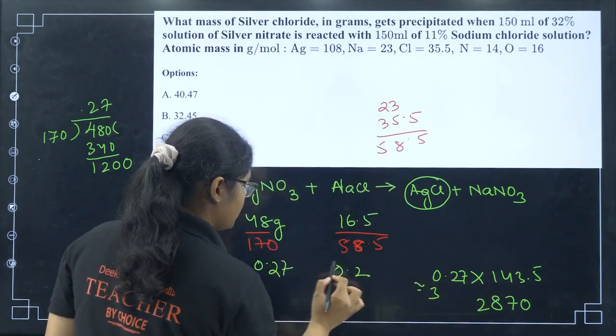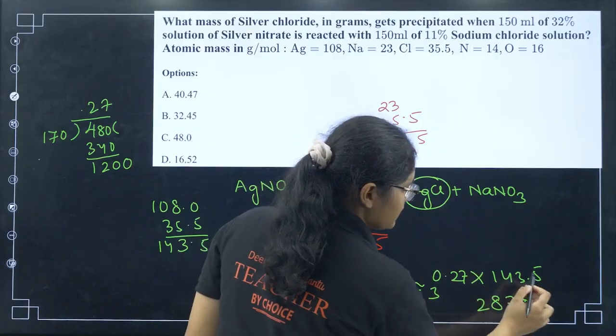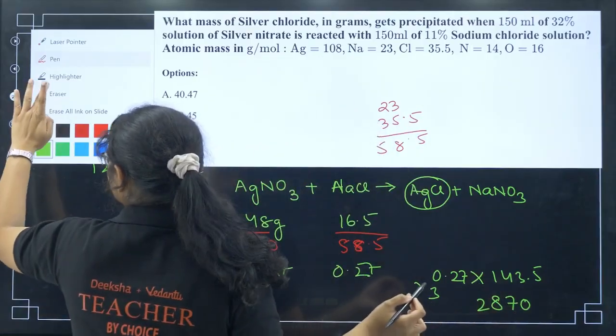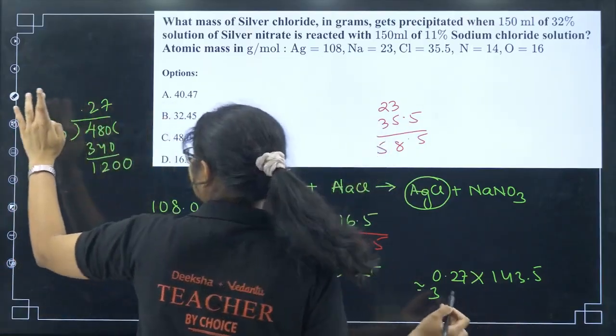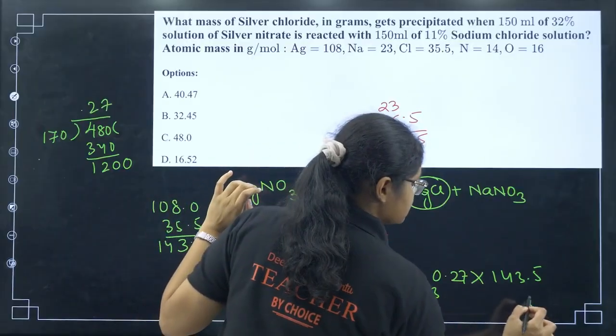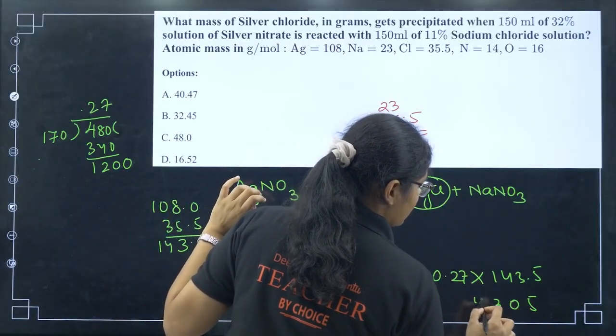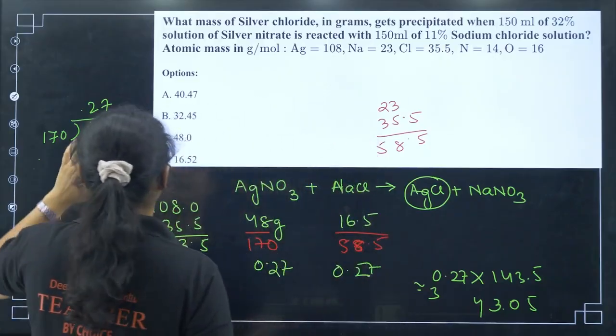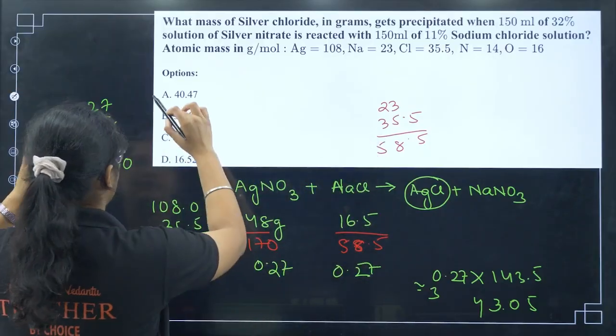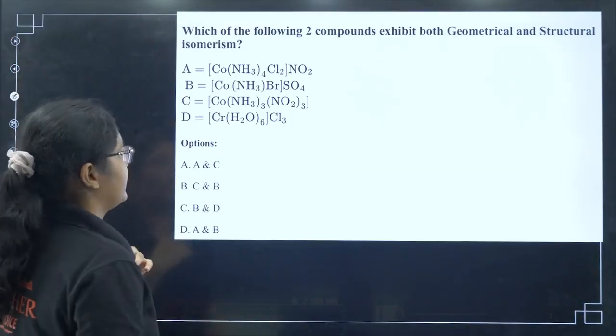So this one will also be 0.27. If I do this calculation with nearly 0.3, 3 5s are 15, and I'll get 43.05 something, and if you do the exact calculation, you'll find the correct answer is option number E.